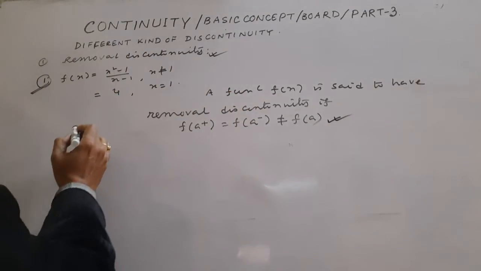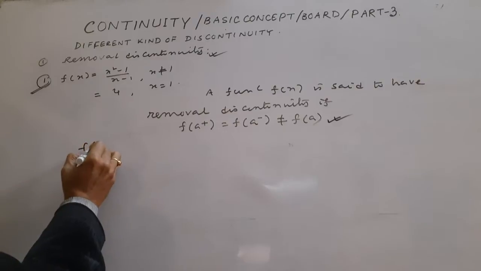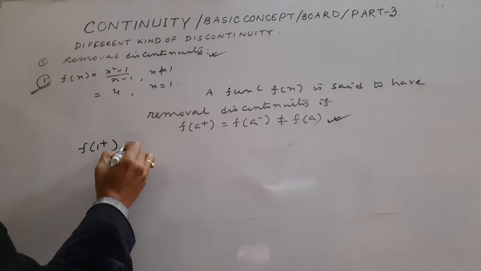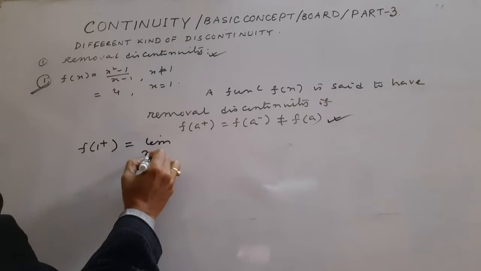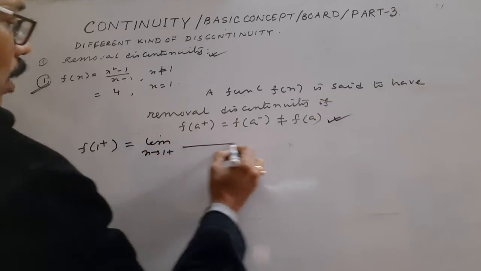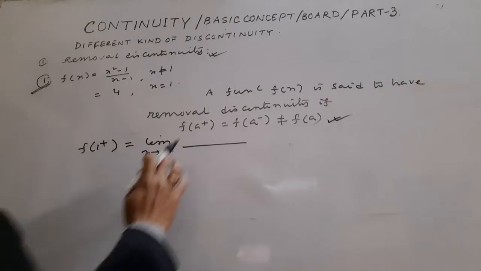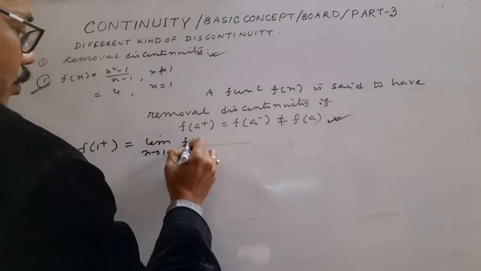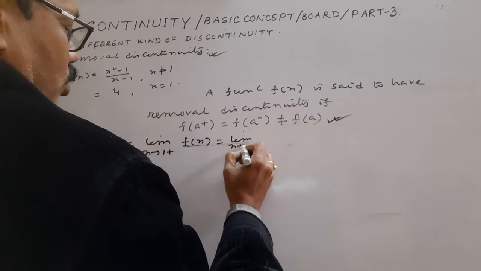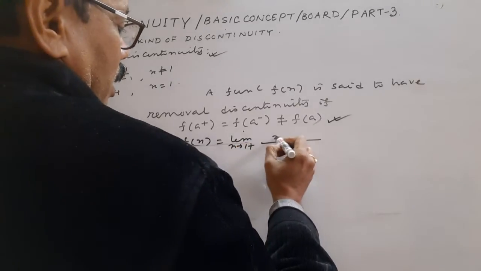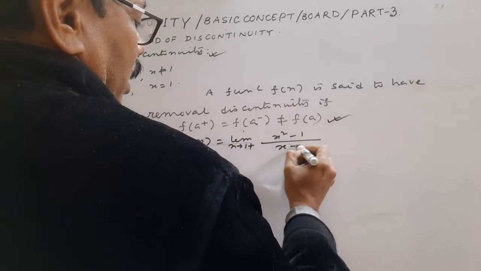So what is f(1+), the right hand limit? Limit x tends to 1+, where 1+ means not equal to 1, of f(x). So limit x tends to 1+ of (x² - 1)/(x - 1).